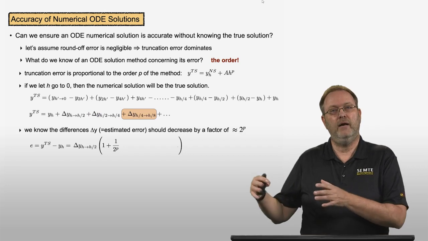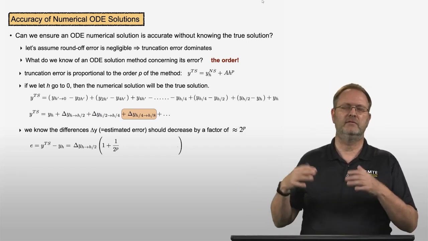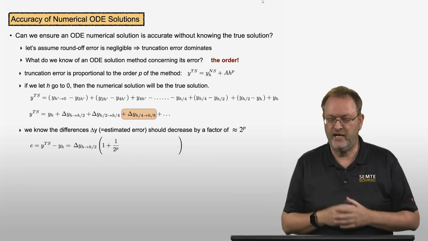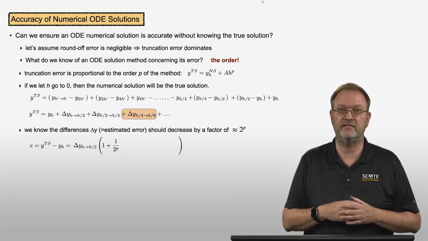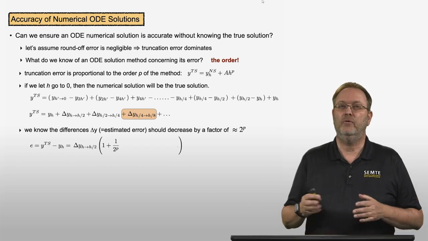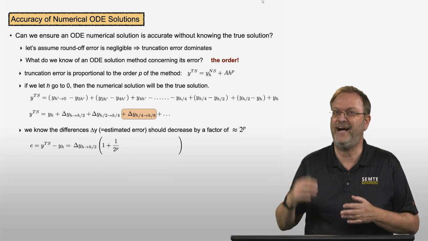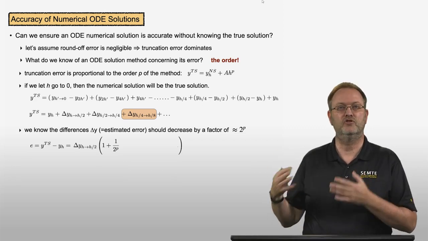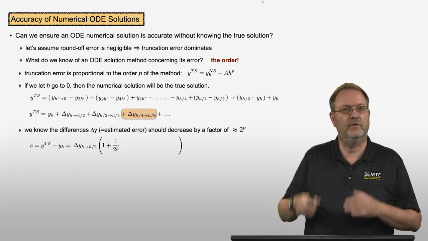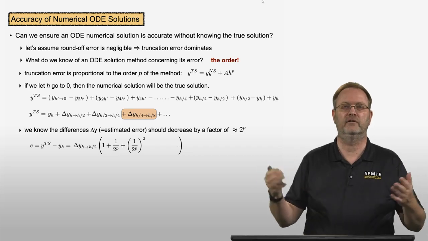And if I go one step size factor 2 smaller even, then I have this change from the simulations using a step size of h over 4, changing it to h over 8. And I know that this should be a factor 2 to the power p times 2 to the power p smaller than the original change that I had from going from h to h over 2. So that is 1 divided by 2 to the power p squared.